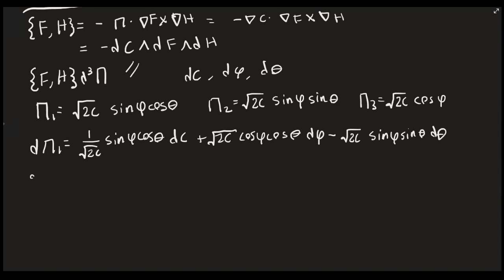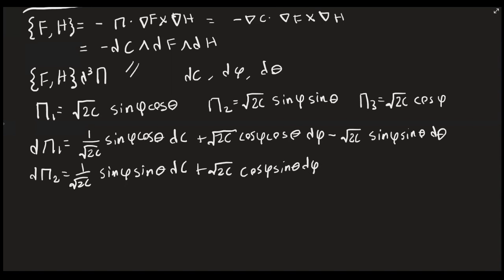Okay. Then dp2 equals 1 over root 2c sine phi sine theta dc plus root 2c cos phi sine theta d phi, and then plus root 2c sine phi cos theta d phi.